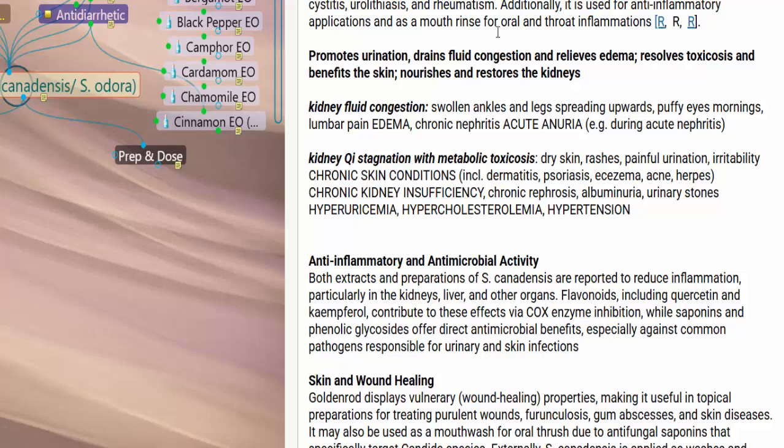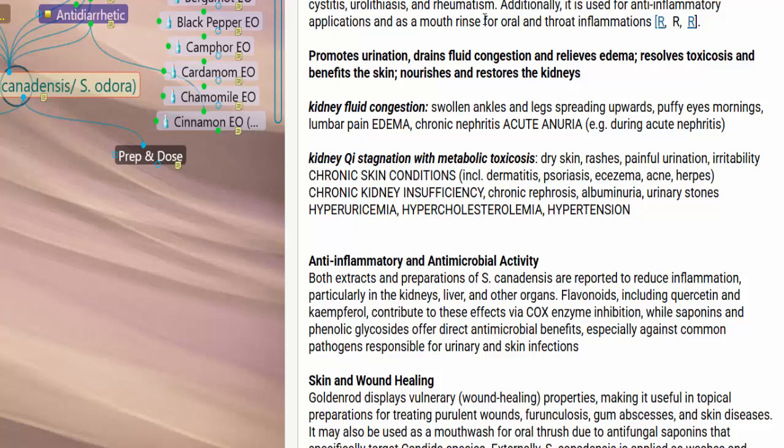It promotes urination, drains fluid congestion, relieves edema, resolves toxicosis, and benefits the skin, nourishes, and restores kidneys. Now, this database combines Western and Eastern herbal medicine, including Chinese, Ayurveda, and even the most contemporary uses of herbs.